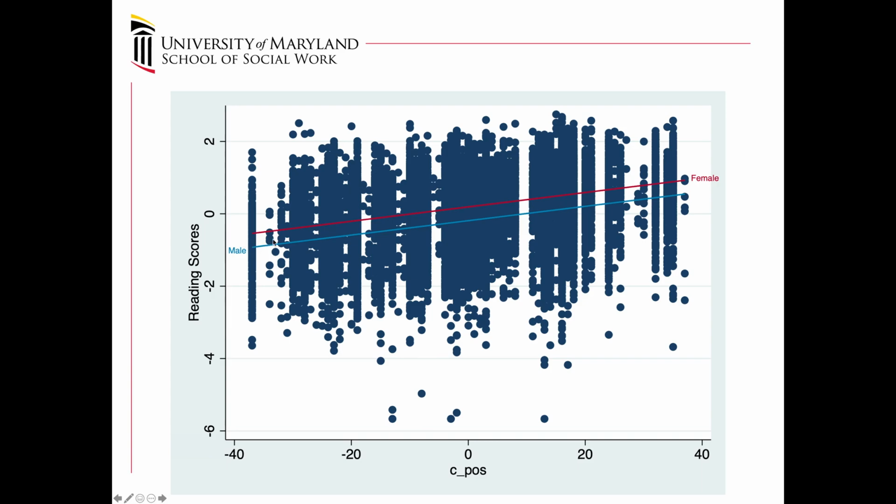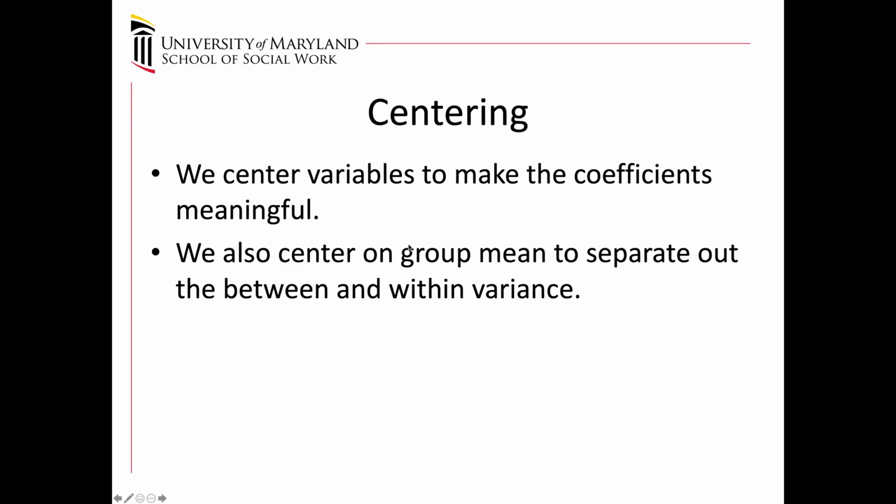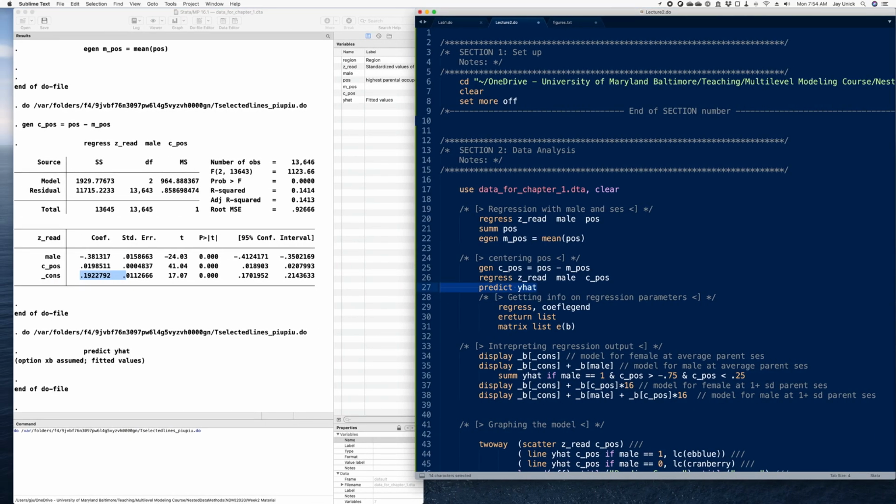So the mean is right between those two lines. And so you can see that there's quite a bit of variability around that. It's not as if knowing a parent's socioeconomic status and a student's gender tells us exactly what their score is. It does so with a certain amount of error. If you go back and look in our model at the root MSE and the R squared, you can see that there's quite a bit of variance left, and we've only predicted about 14% of the variance here.